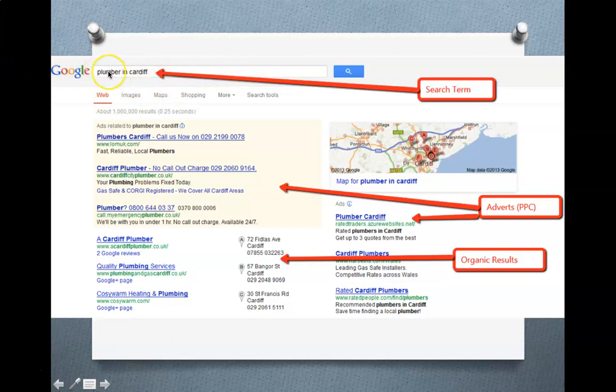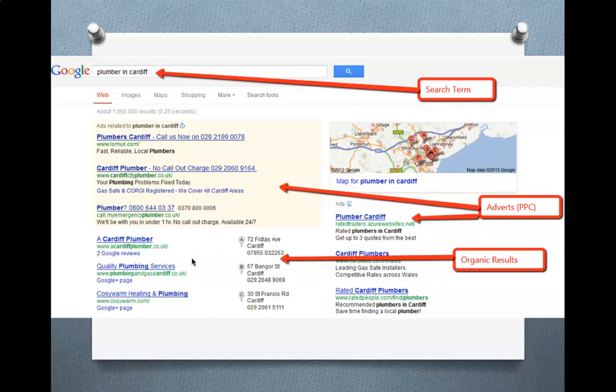I think we all know now in digital marketing that one of the aims of our website is to get it onto page one of Google. I think we can all agree that's an aim of our business, and the more likely it is that our ad appears up top and on page one of Google, the more likely it is that people are going to click on our ads.